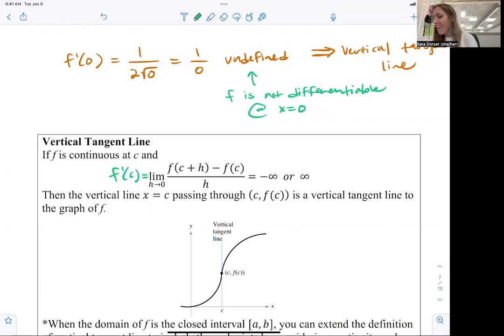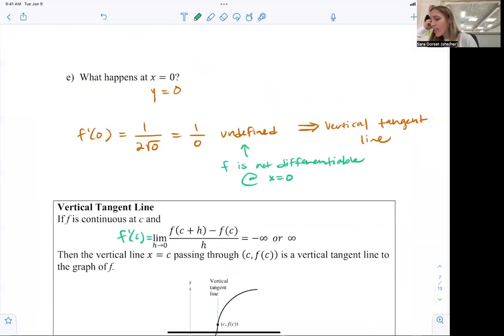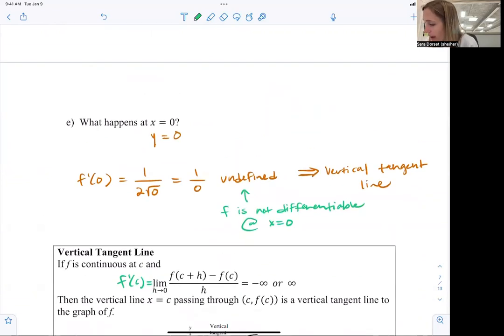Okay, so using this definition of a vertical tangent line, f prime of 0, because we're focusing on x equals 0, is the limit as h approaches 0 of the square root of 0 plus h minus the square root of 0, all over h.